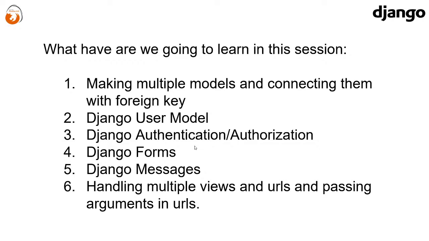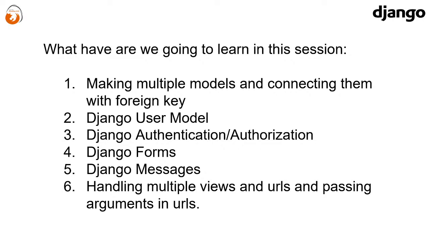Now, coming to the authentication and authorization part, there is a bit of confusion for almost everyone out there about the difference between authentication and authorization. Authentication is basically checking whether a person who is claiming to be someone is actually that person. For example, if I am claiming to be Akshat Gupta, authentication means I have to check that actually I am Akshat Gupta or not.